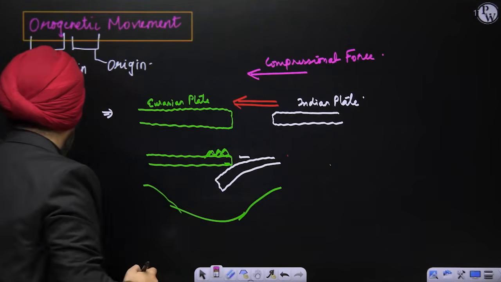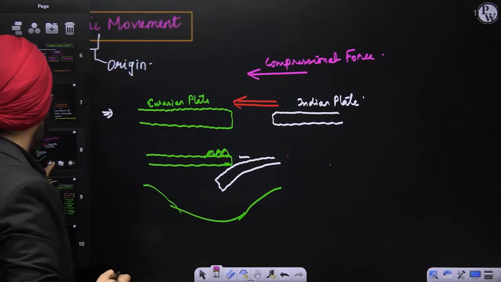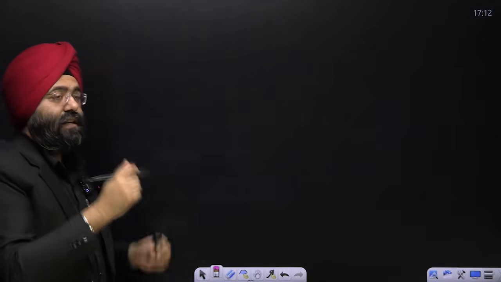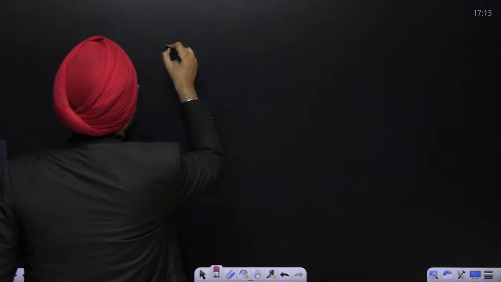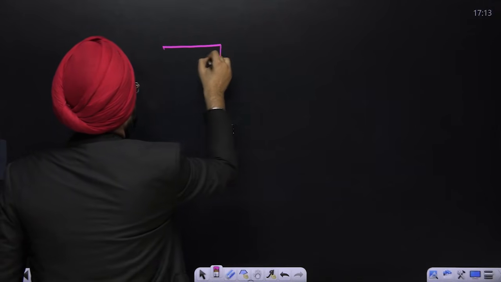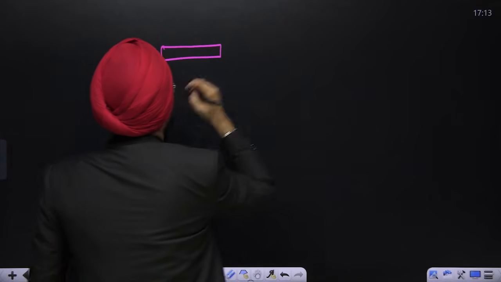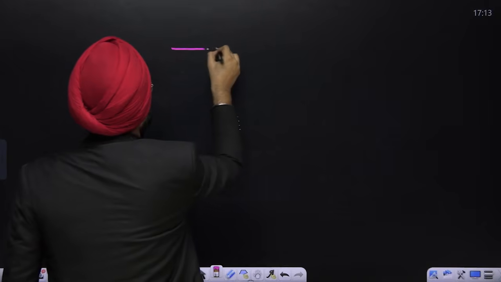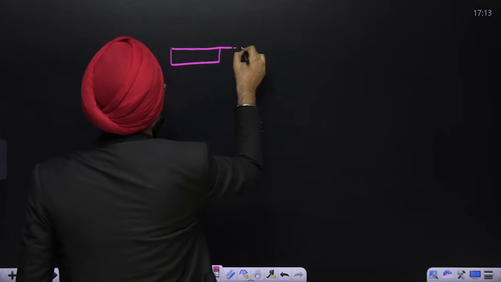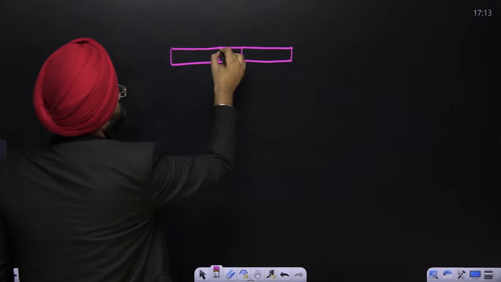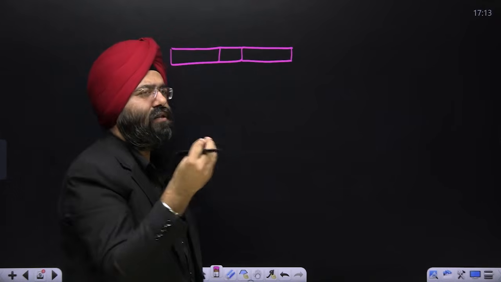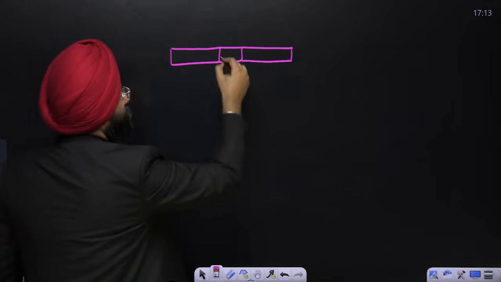Now there can be an instance where, let us assume, there are tensional or diverging forces. Supposing, for just a minute to understand the fault, let us assume there are certain cracks present here, right?